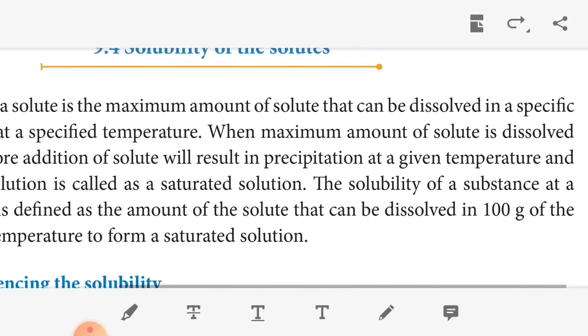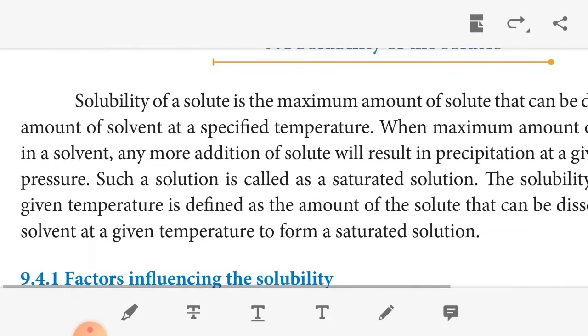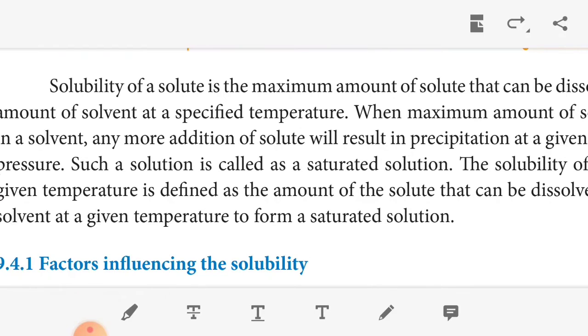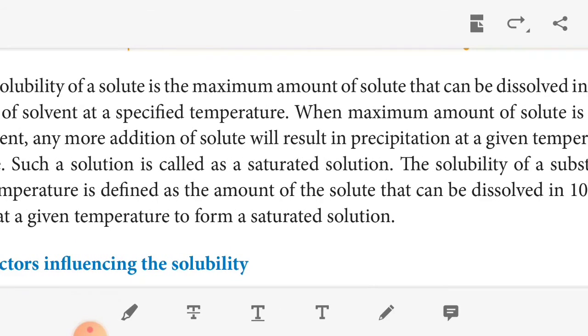When the maximum amount of solute is dissolved in a solvent, any more addition of solute will result in precipitation. If we add more solute, the solution will precipitate.